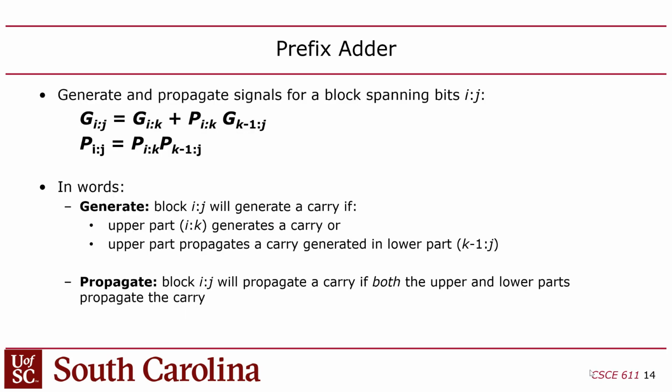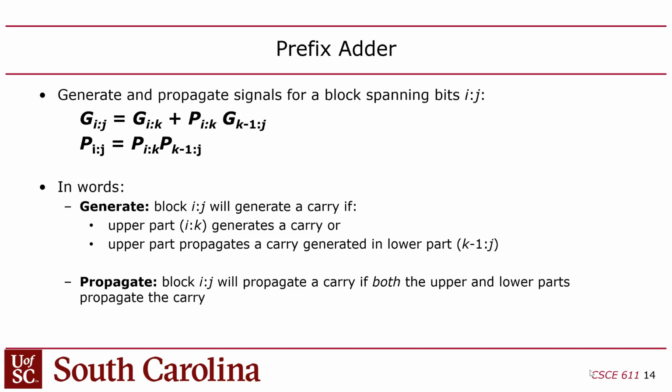Generate is, I've got a k value, right? So the generate of i down to j of the whole group is generate i to k plus propagate i to k times generate k minus 1 down to j, right? And then the propagate of i down to j is just the propagate of the two halves anded together, right?